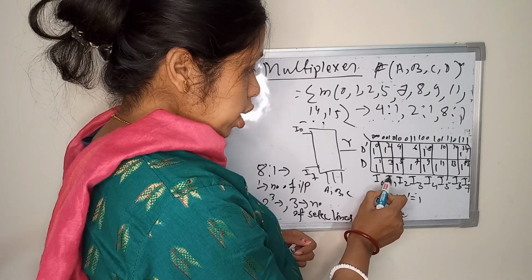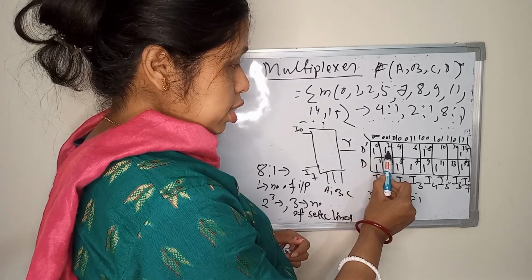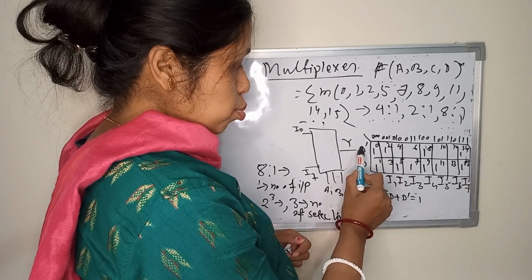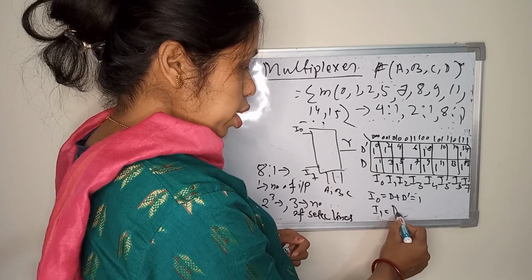Now I come to I1. In I1, 1 is in this cell, so this corresponds to D prime.